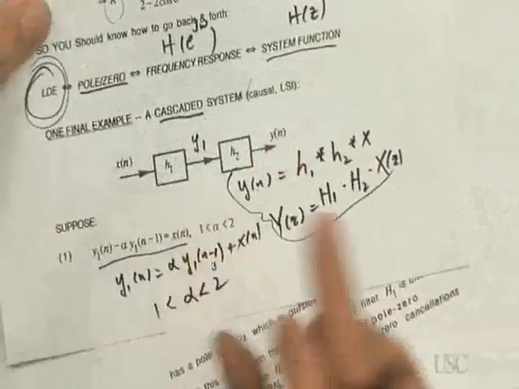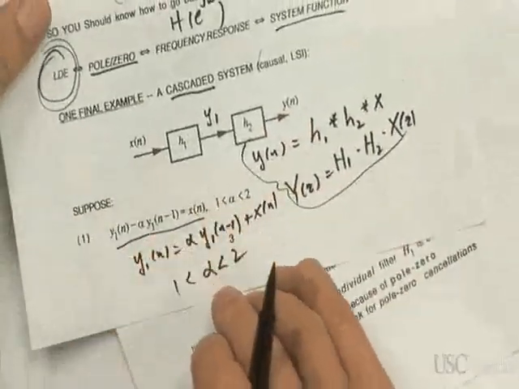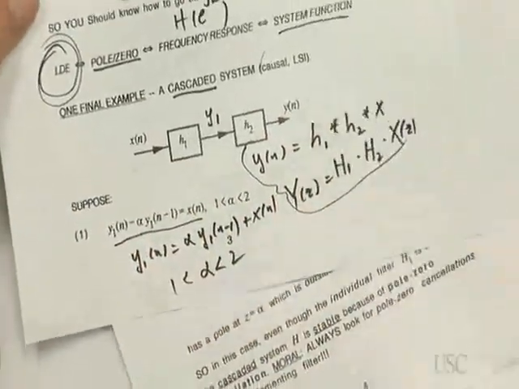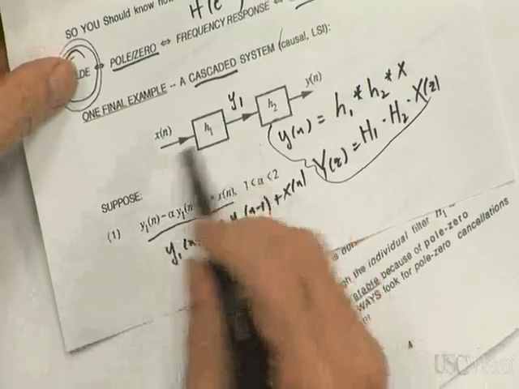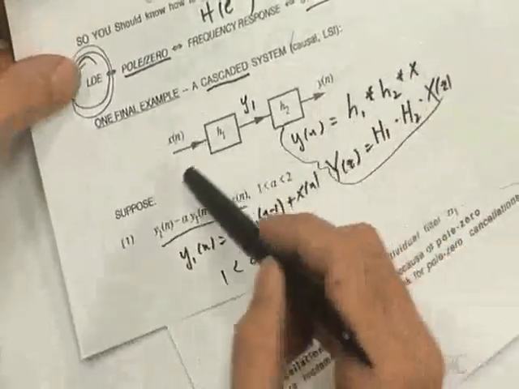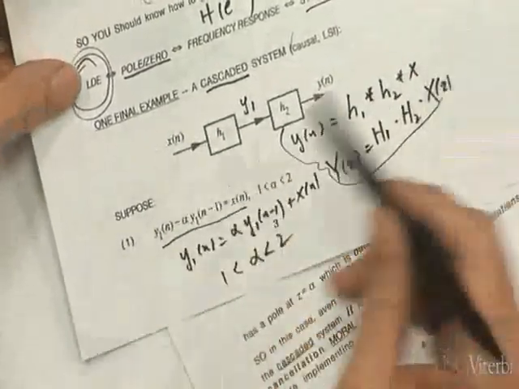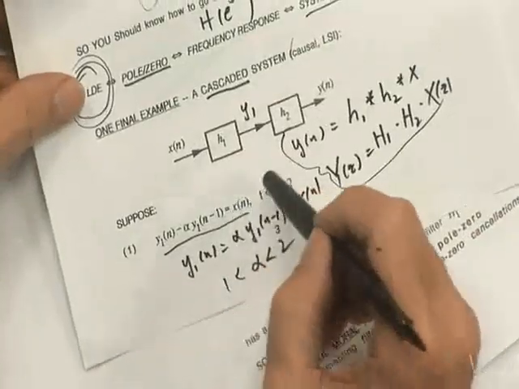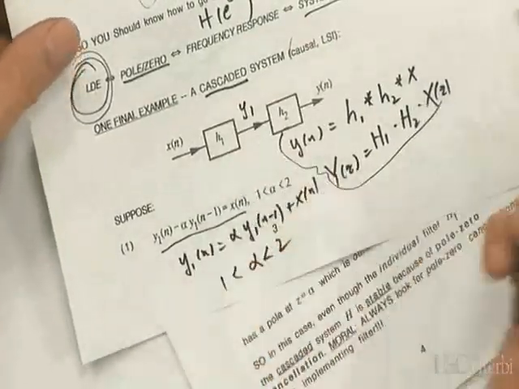Now, I show you this example for a big reason. If you see a problem like this on the midterm or any place, do not, I repeat, do not try to solve this by the trick of, well, let's see, let x of n equal delta of n.